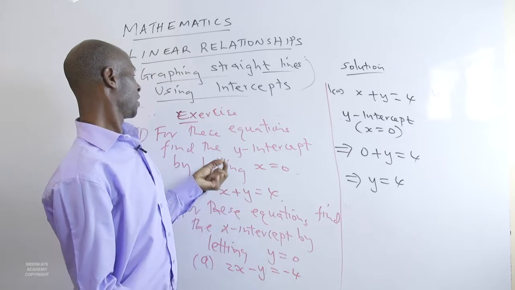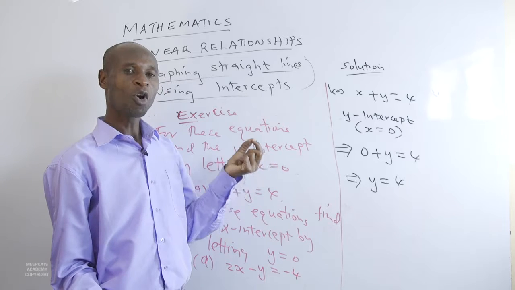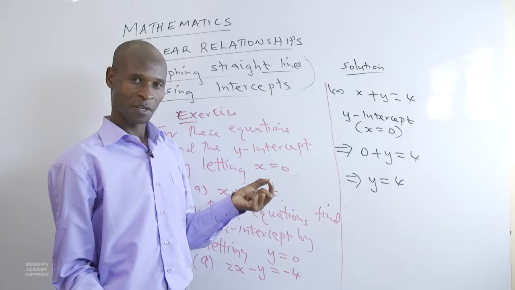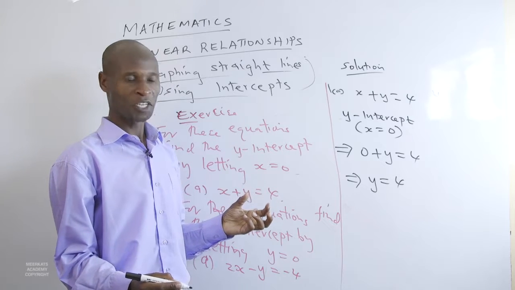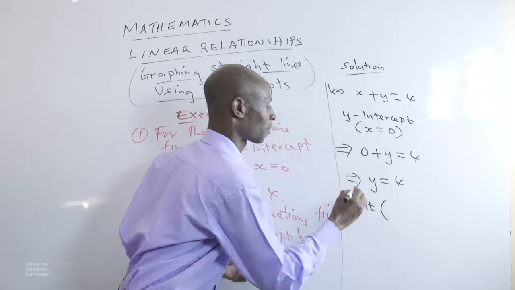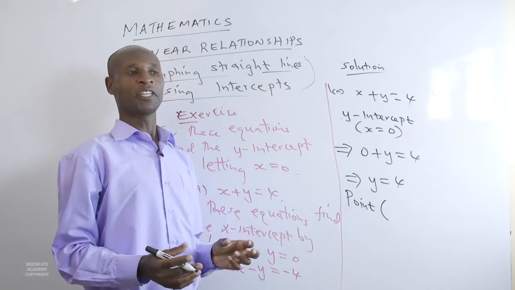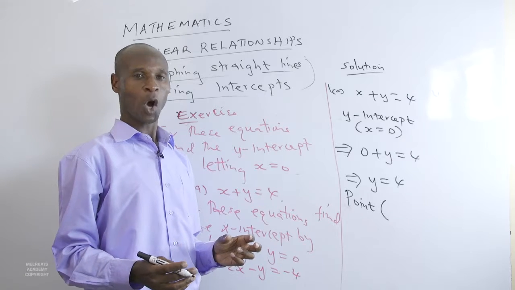What is the y-intercept? That means we go ahead and get the point itself in coordinate form. When giving the point, we start with the x-coordinate followed by the y-coordinate.